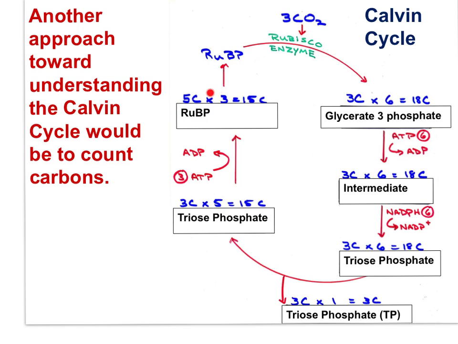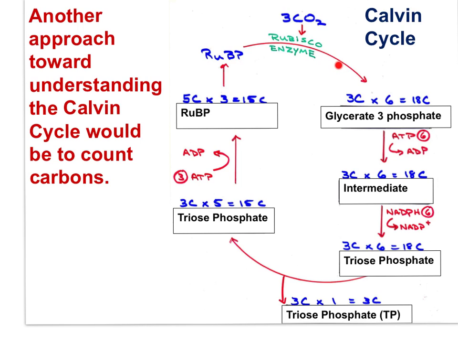RUBP is a 5-carbon molecule, and 3 RUBPs would be required to join with 3 carbon dioxide molecules. So 15 carbons start the cycle, 3 carbons are added. So now the cycle has 18 total carbons.